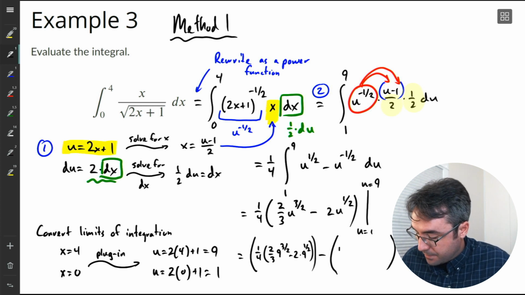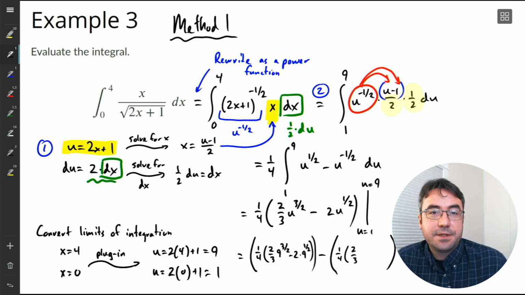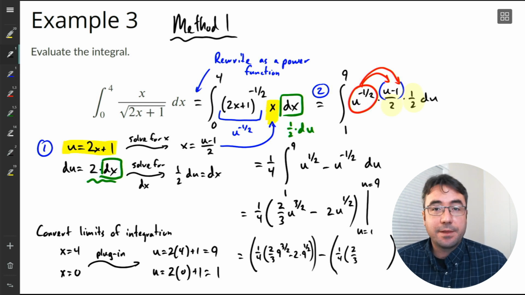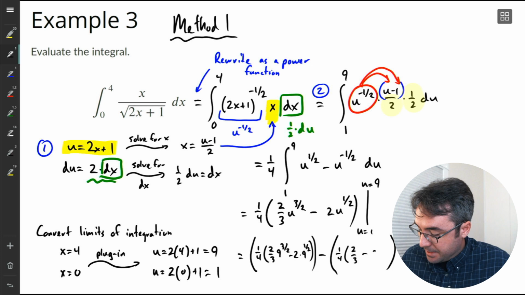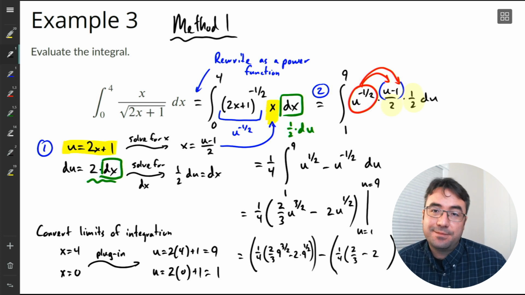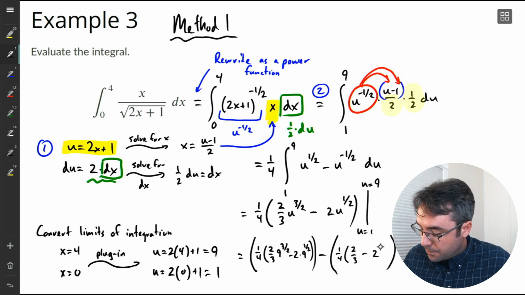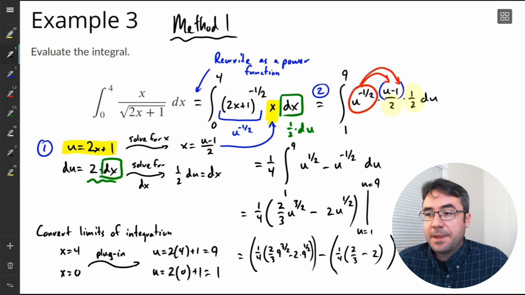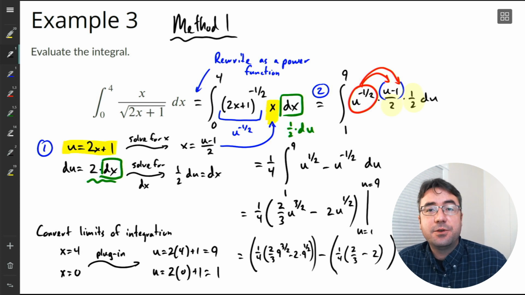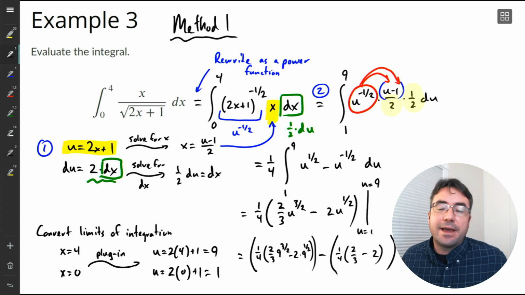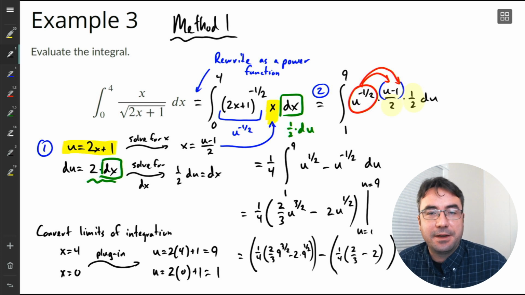So we get 1/4 times 2/3, and then 1 raised to the 3/2 power is just 1, so I won't write that. And then minus 2 times 1 to the 1/2 power, and that power of 1 is just 1, so we won't write that. So there we go. We have the value of our definite integral now. We plug the top number into our antiderivative first, plug the bottom limit into our antiderivative second, and subtract. We could clean that up a little bit, but that's perfectly fine.